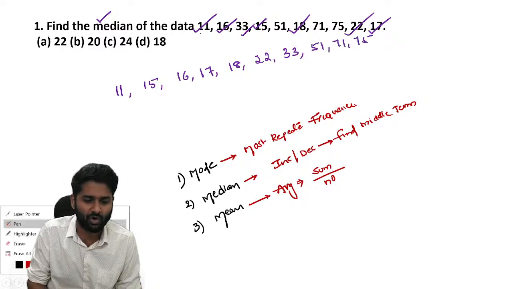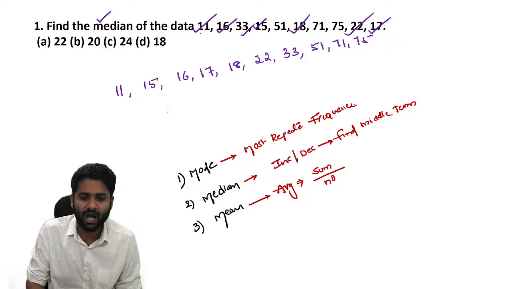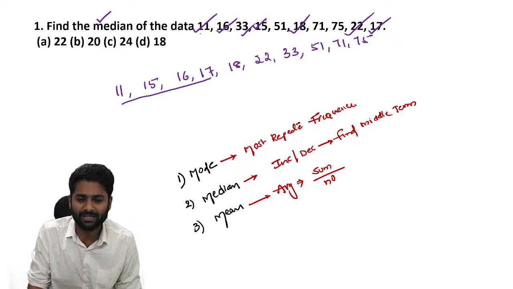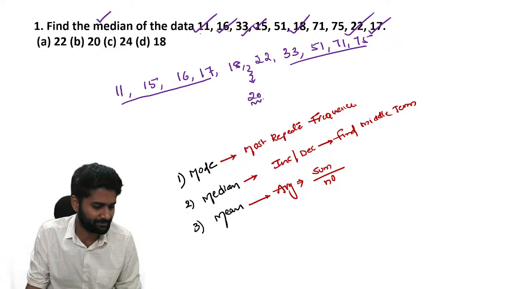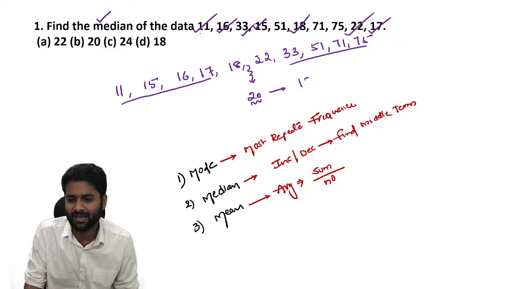So we arranged all the 10 numbers in increasing order. Out of that, we have 10 terms, right? So these four and these four you can cancel. You should find the middle term of 18 and 22. What is the middle term of 18 and 22? 20. How do you get 20? 18 plus 22 divided by 2, that is 40 divided by 2. Then the answer is 20. Is it clear?